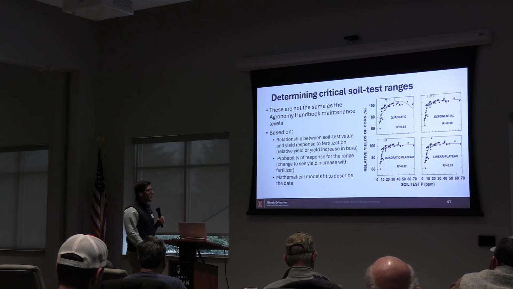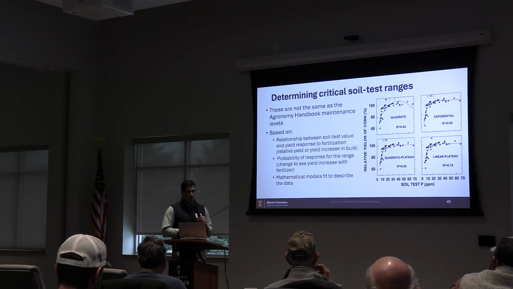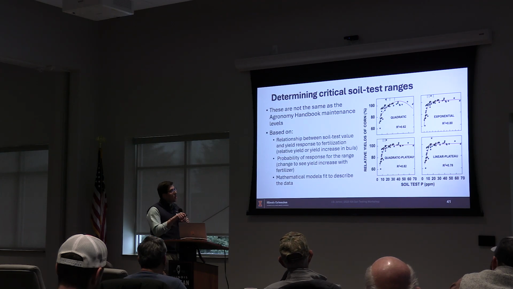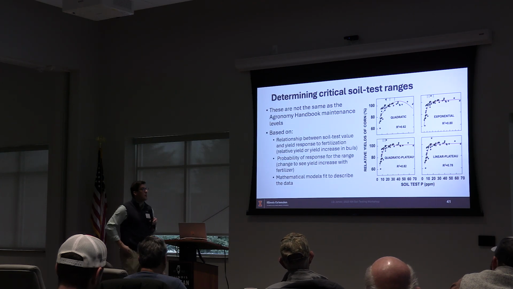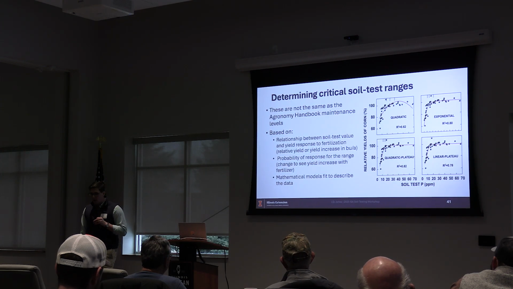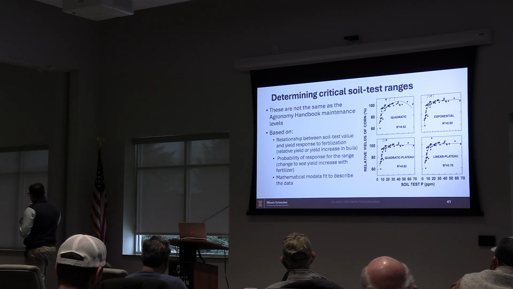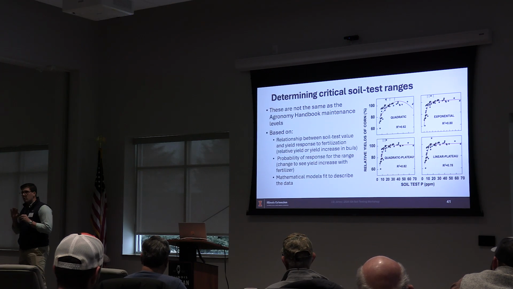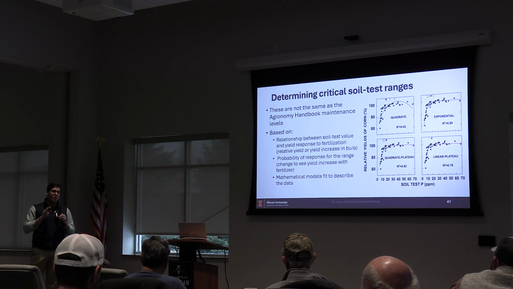We try to explain them with some different mathematical or statistical models. Interestingly, none of these, which are the four most common, are used in the agronomy handbook. Roger Bray ended up using a model that was based off of some German work that essentially was looking at a point where you never really reached a maximum. You just kept increasing. It's called an asymptotic relationship.